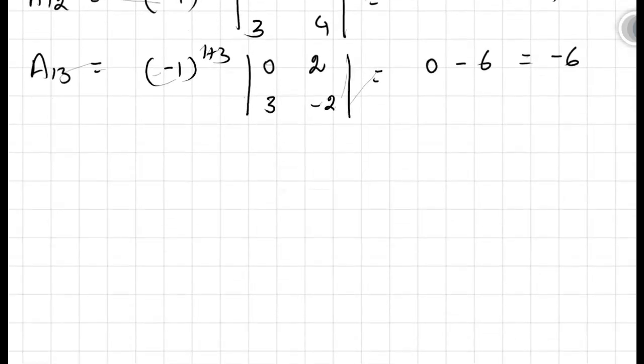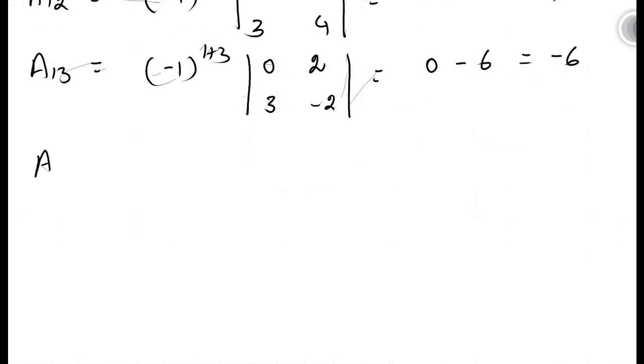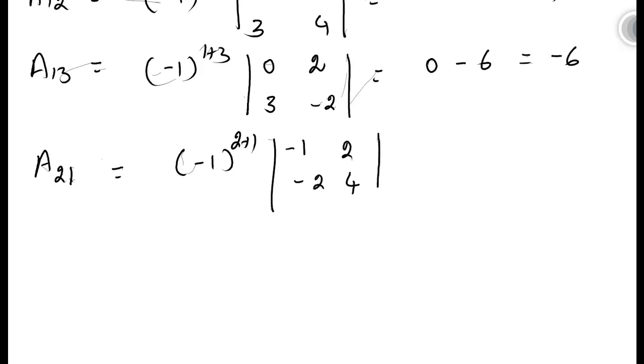Next, coming to the second row, that is A21, which is equal to minus 1 to the power of 2 plus 1. Leaving the second row and the first column, you will be left with minus 1, 2, minus 2, 4. So, we will have minus 1 into minus 4 plus 4, that is equal to 0.